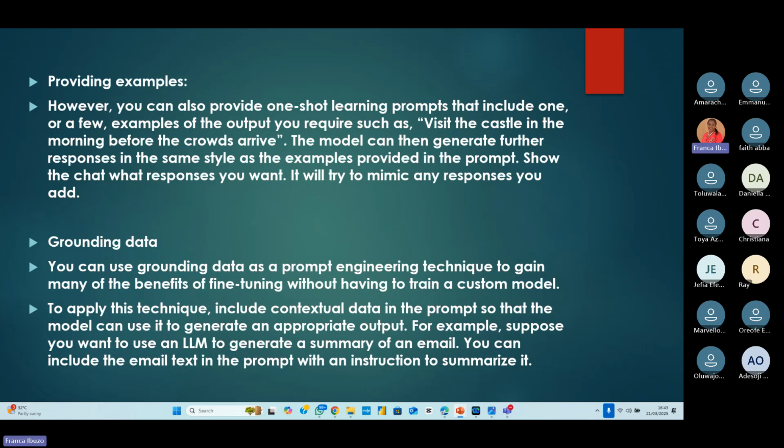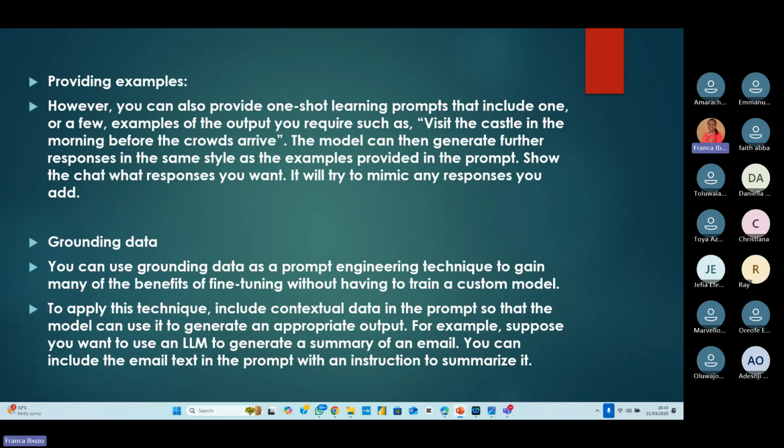So, grounding data. You can use grounding data as a prompt engineering technique to gain many of the benefits of fine-tuning without having to train a custom model. You can also fine-tune your prompts, and as you fine-tune them, you get better responses.